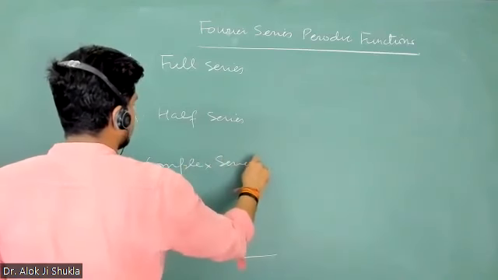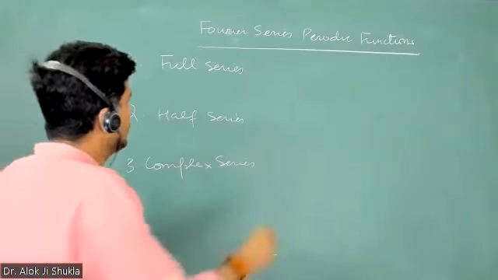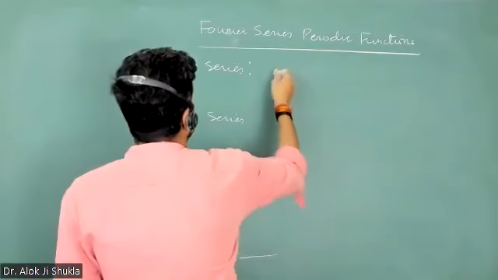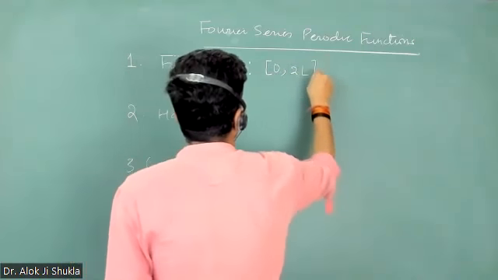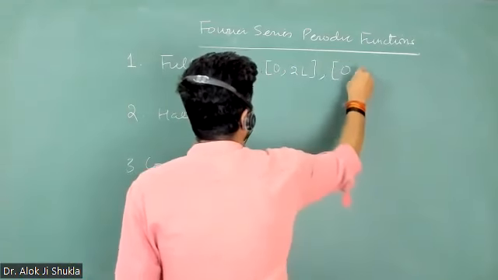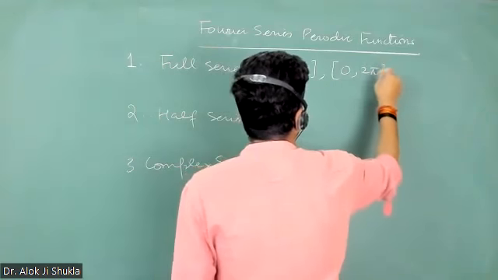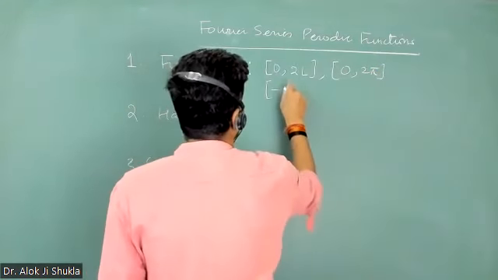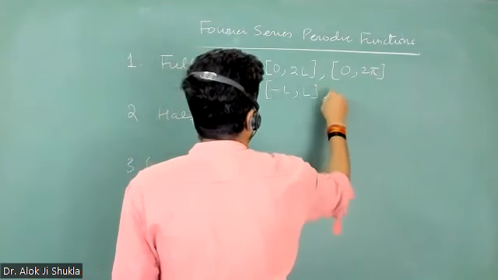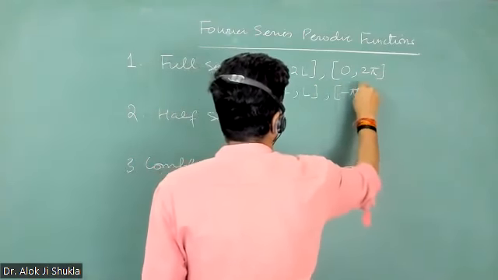So if full series is given, your period will be given like this: 0 to 2L, 0 to 2 pi, minus L to L, or minus pi to pi.